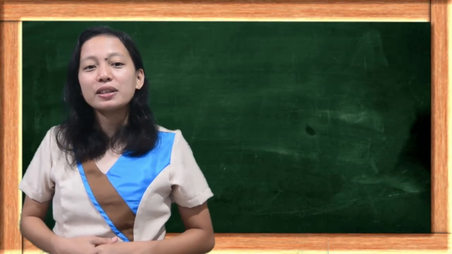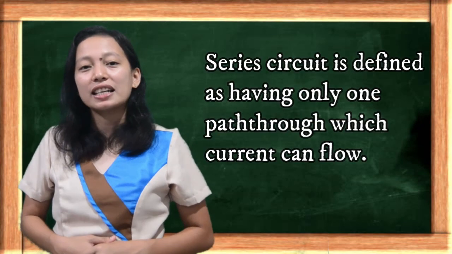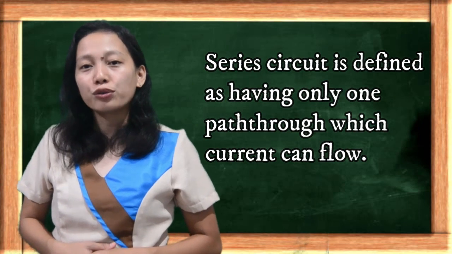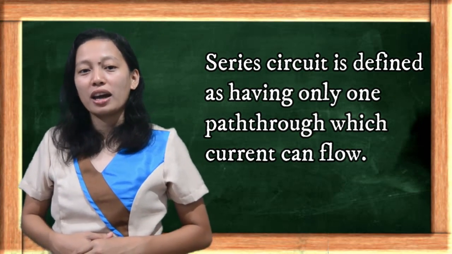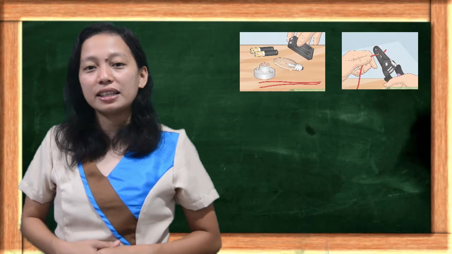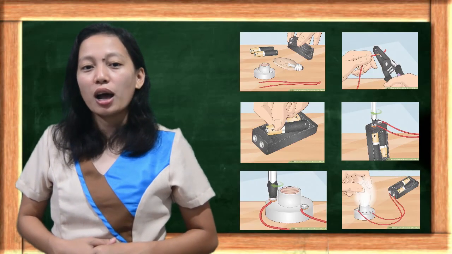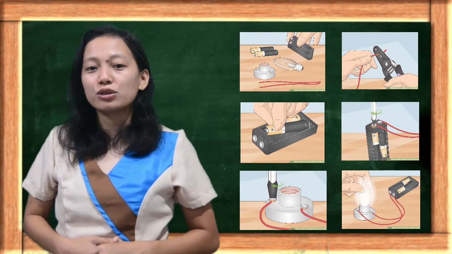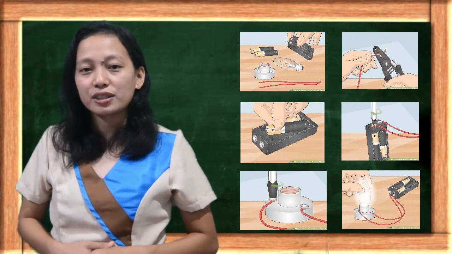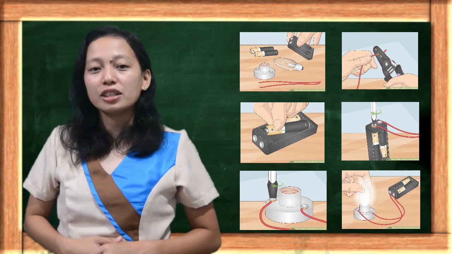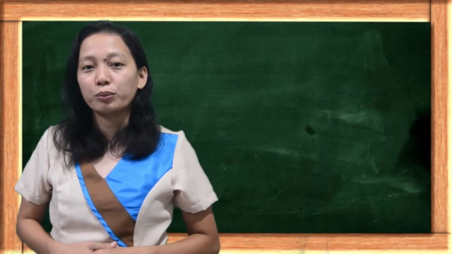And when we say simple series connection, it is defined as having only one path through which current can flow. And to create this, you'll be needing batteries, wires, light bulb, and receptacle. Look and follow the given pictures on how to create simple series connection. The copy of these pictures are attached in your module.